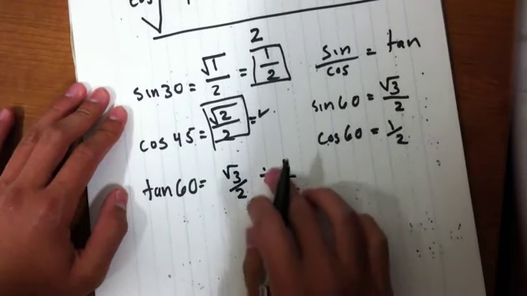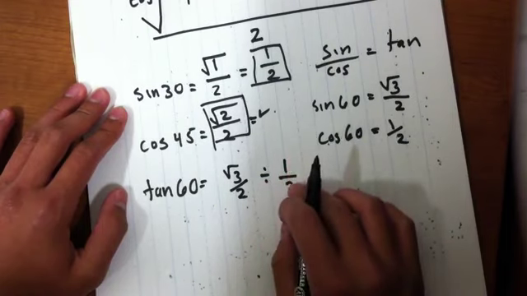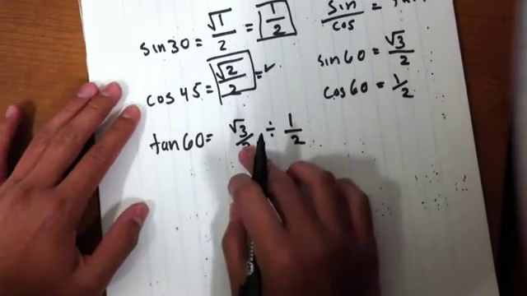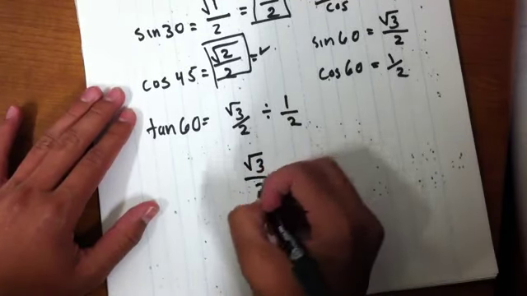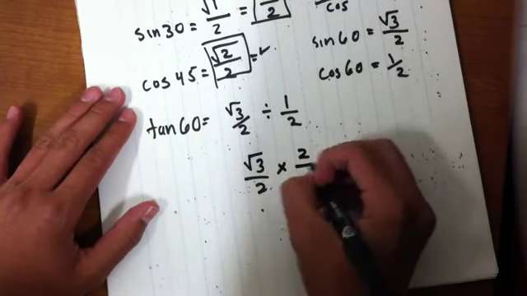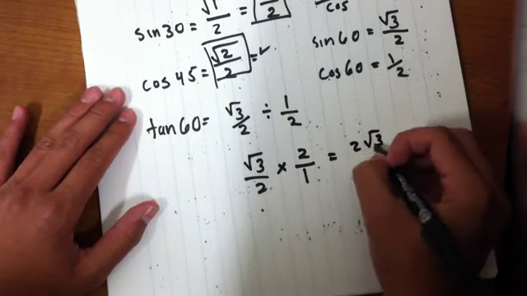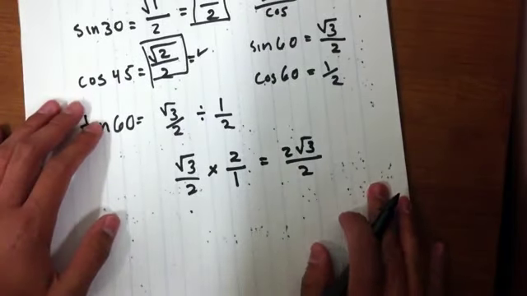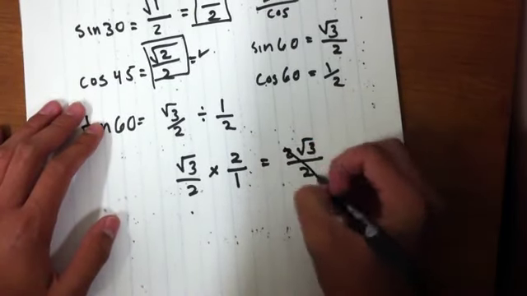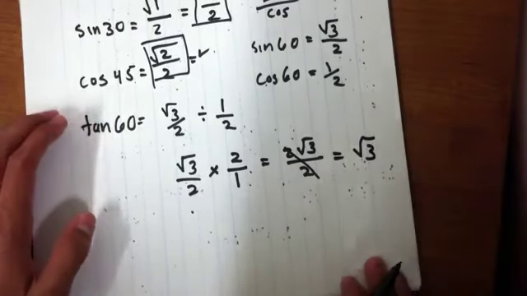Since we know how to divide fractions, we can do the reciprocal and multiply: square root of 3 over 2 times 2 over 1. This would give us 2 square root of 3 over 2. Then the 2s cancel with each other, and we're left with square root of 3.